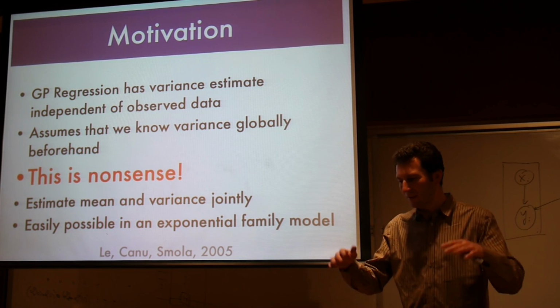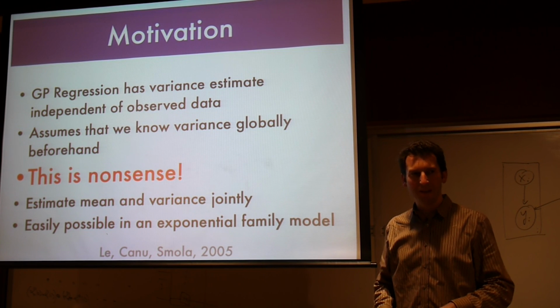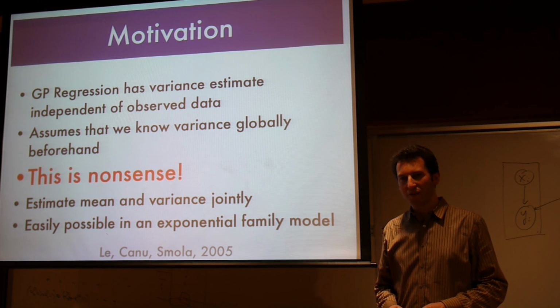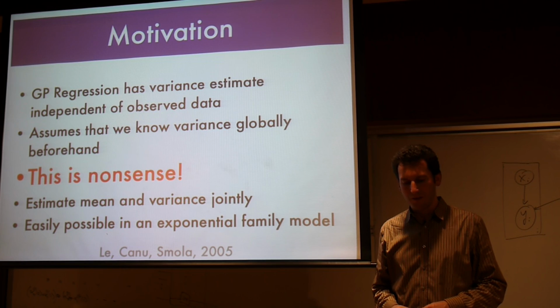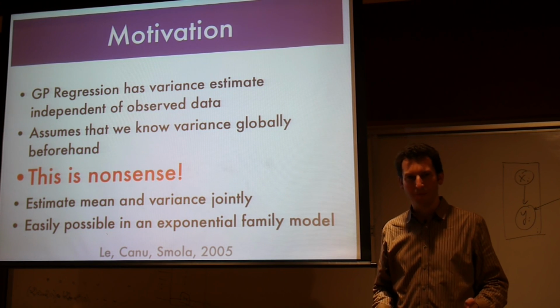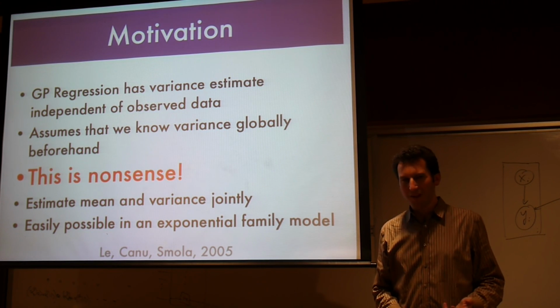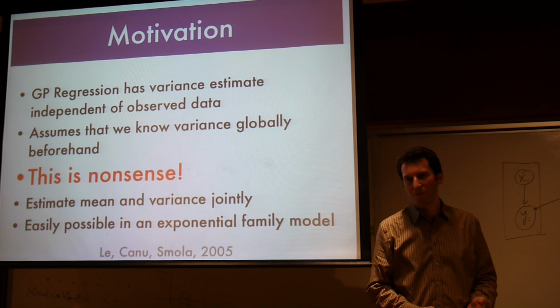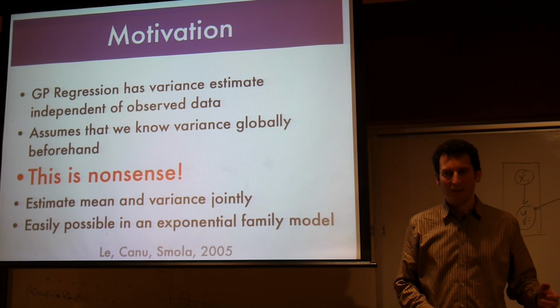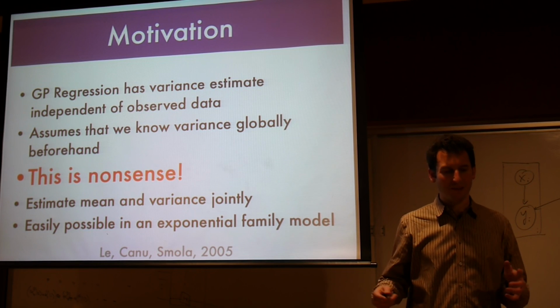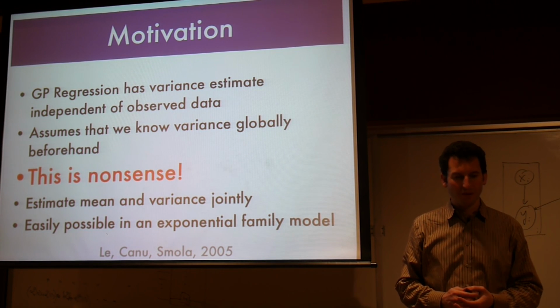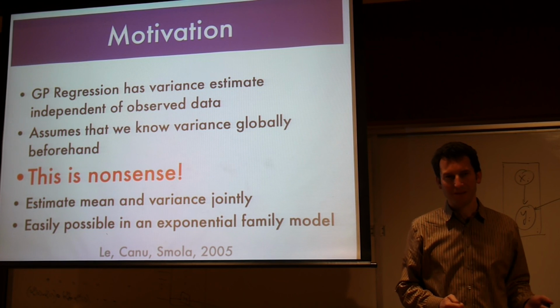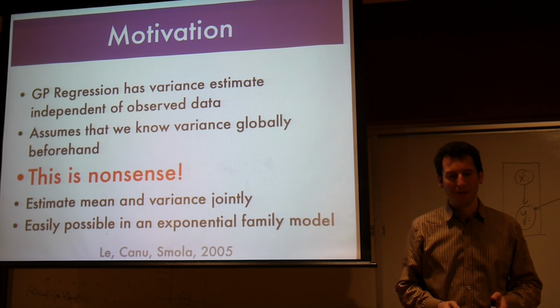I can completely ignore the actual measurements and just determine where the meteorological stations are set up. But of course that's garbage, right? Because we know that in some locations there's a lot more variability in the observations than in others. So let's actually estimate the variance at the same time as estimating the mean.